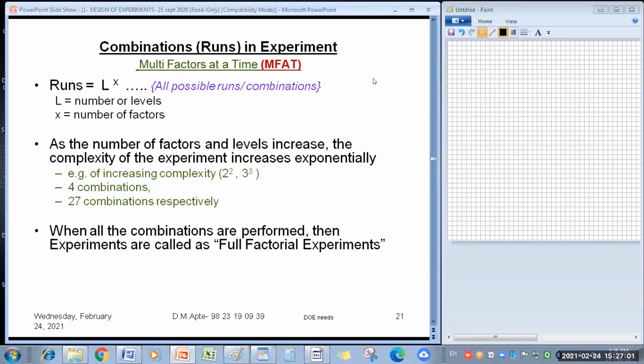Here, suppose you have made 16 combinations. All these 16 combinations are done in actual practice in your company, and you work through all 16 runs and write down the values. That will be called a full factorial experiment.